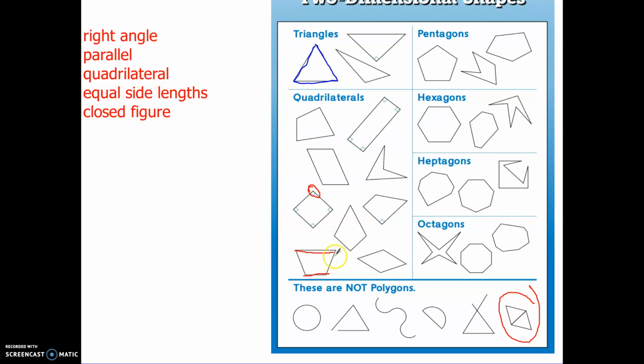They're never going to crisscross. So some of our pentagons have parallel sides, because if we would extend those sides to keep them going forever and ever, they are never going to crisscross. They're closed figures. Some of them have equal side lengths. There's lots of parts to polygons.